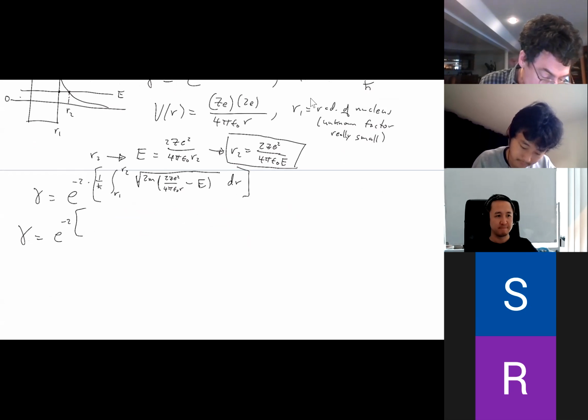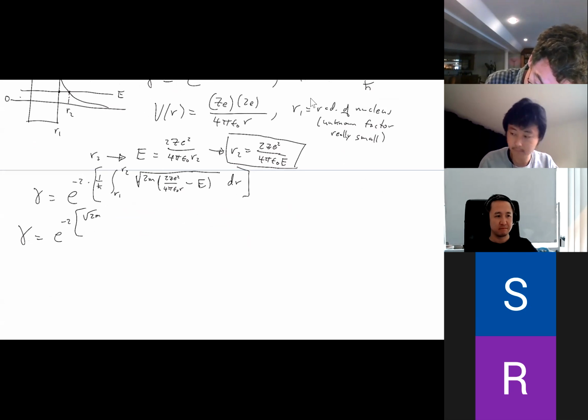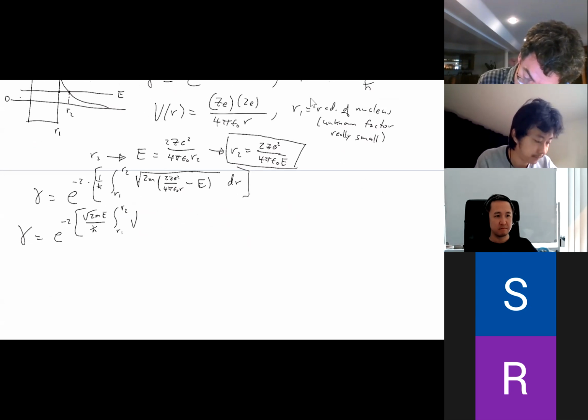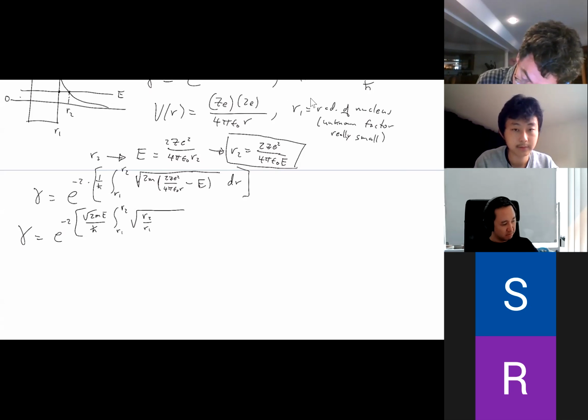You can very quickly see that it's equal to square root of 2mE over h bar times the integral from r1 to r2 of square root of r2 over r minus 1 dr.